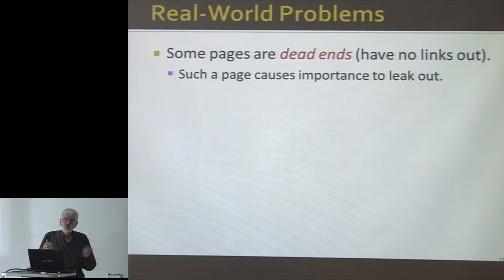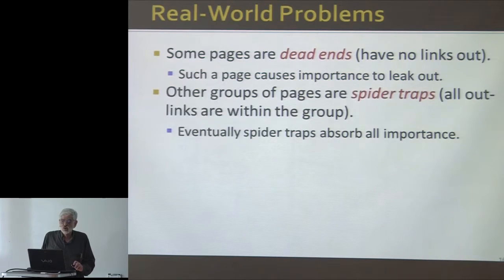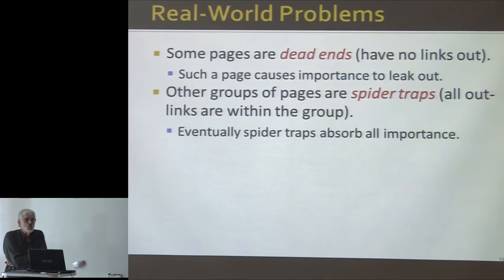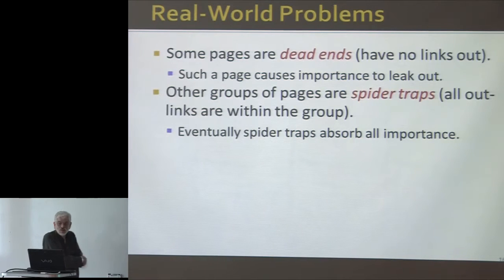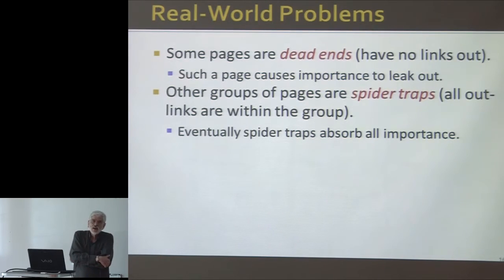What happens with dead ends eventually causes all the importance, or all the walkers, or however you want to think of it, to leak out of the system, and then eventually everything goes to 0. And then you can have a group of 1 or more pages that are called spider traps, and they were put there intentionally so that the crawlers on the web, spiders if you will, once they got into one of these pages, could never get out.